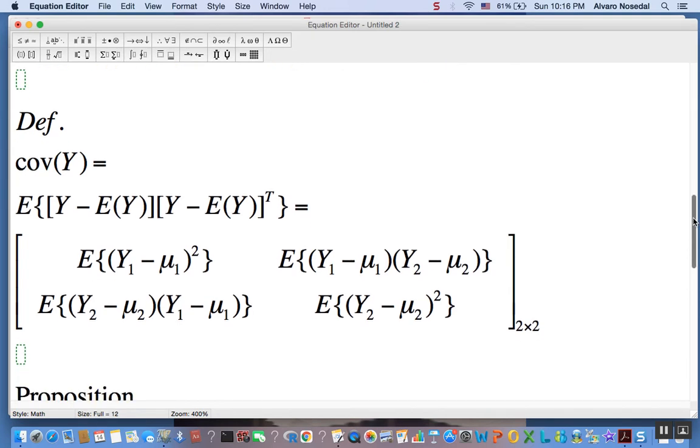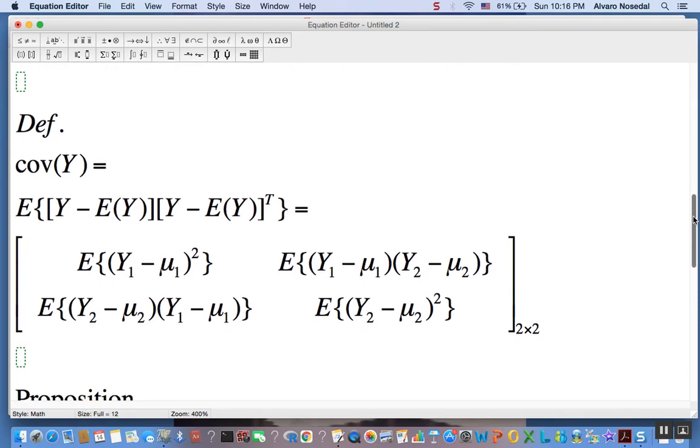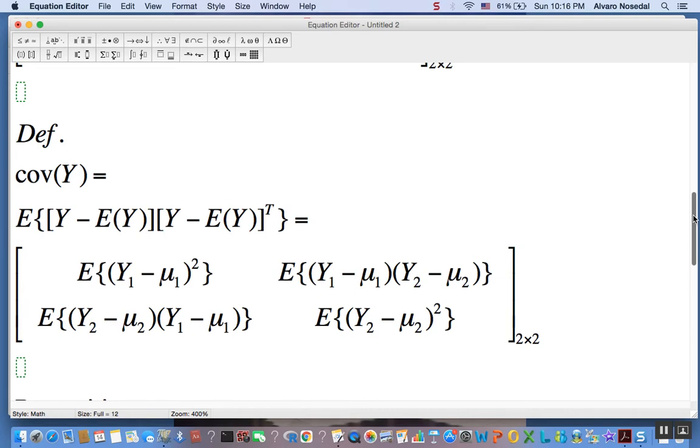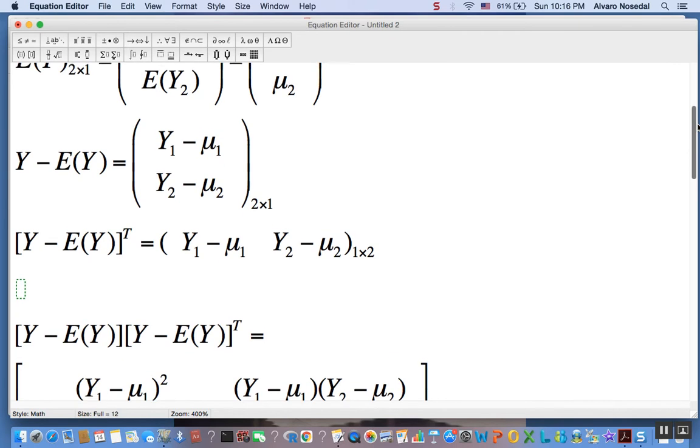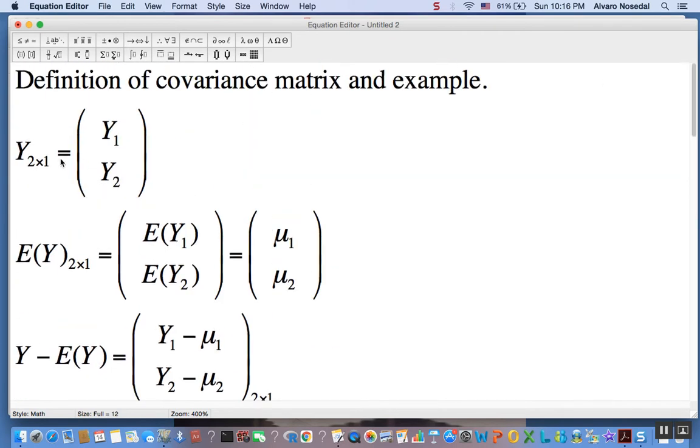Now, I have presented you this definition and an example of the definition of covariance matrix for a random vector. Note that if instead of having just a random vector with only 2 entries in it, we had, say, a 4 by 1 random vector, we would have 4 of these, mu1, mu2, mu3, mu4.